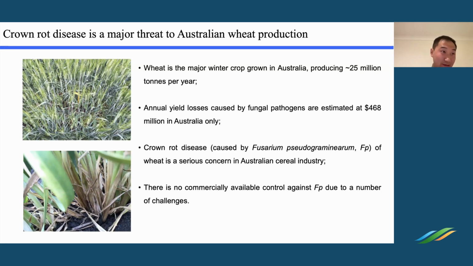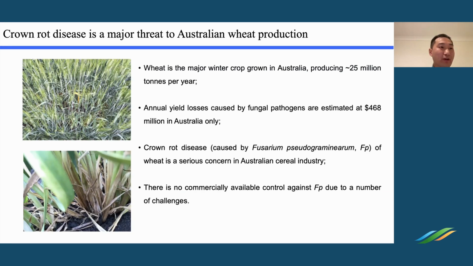Despite this, the agriculture sector faces considerable challenges, most notably from fungal pathogens like Fusarium pseudograminearum, causing estimated annual yield losses reaching $468 million.